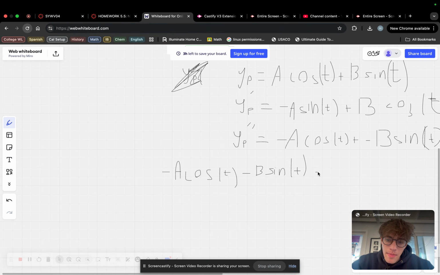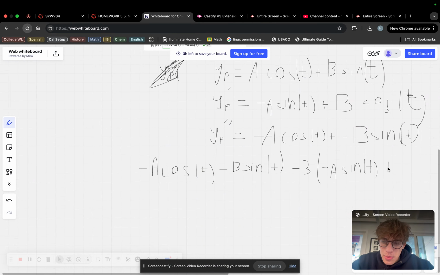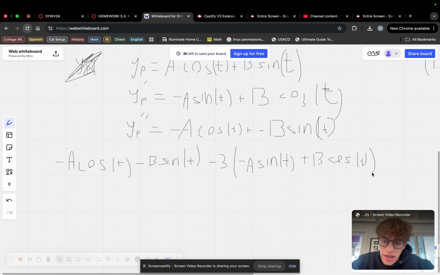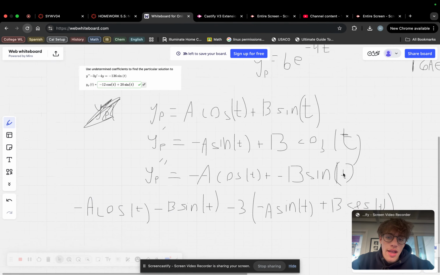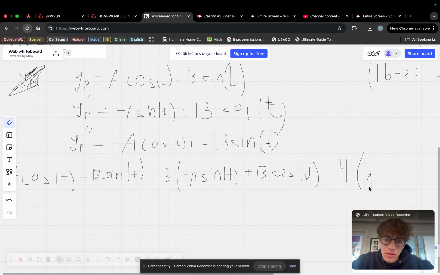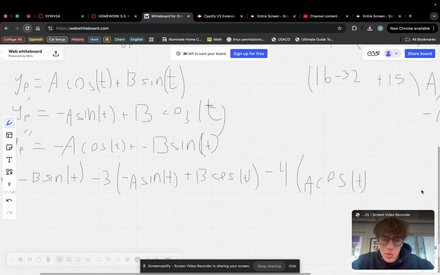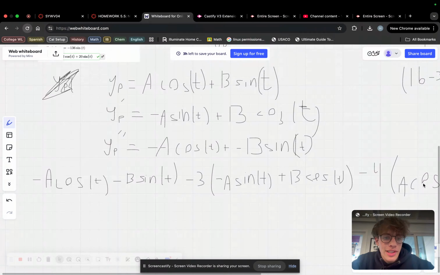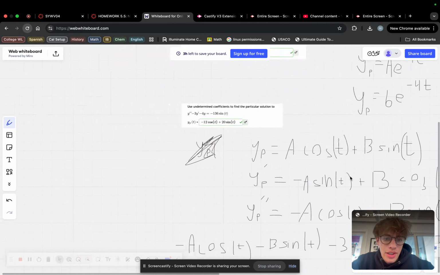Then negative 3y prime, minus 3 times negative a sine t plus b cosine t, and then we've got minus 4y, so minus 4 times a cosine t plus b sine t, and then this equals negative 136 sine t.